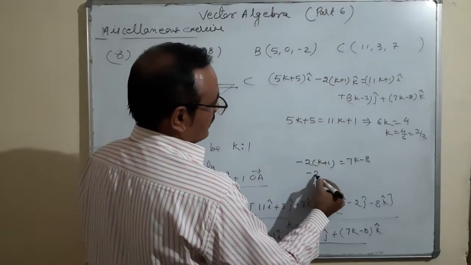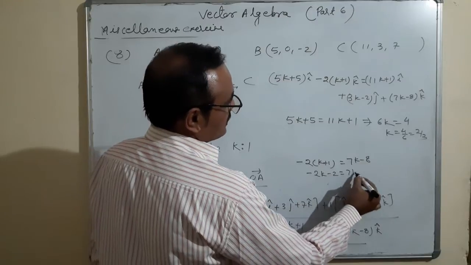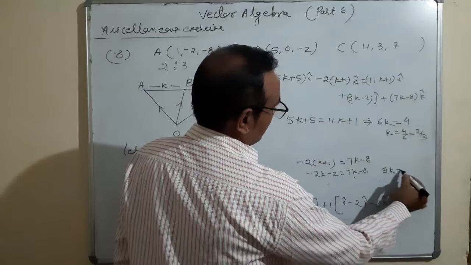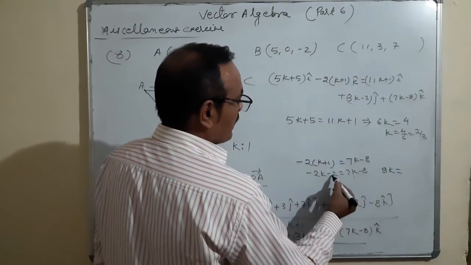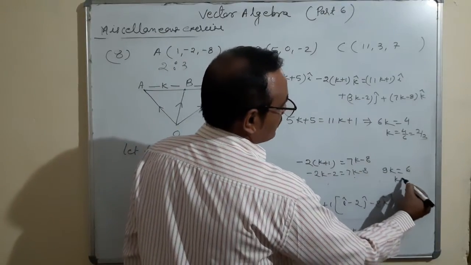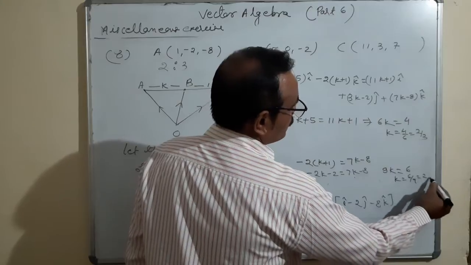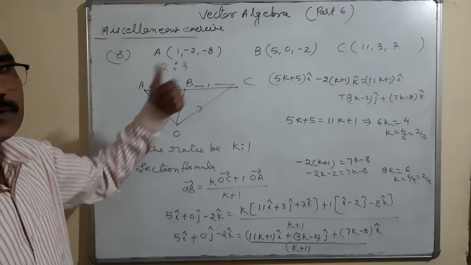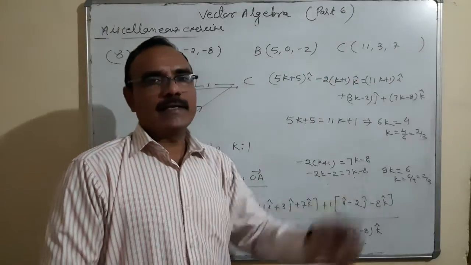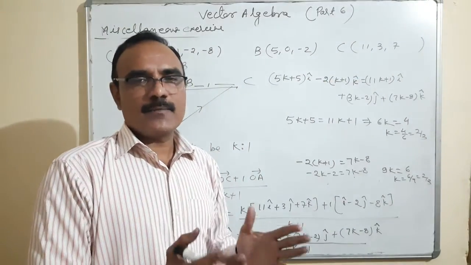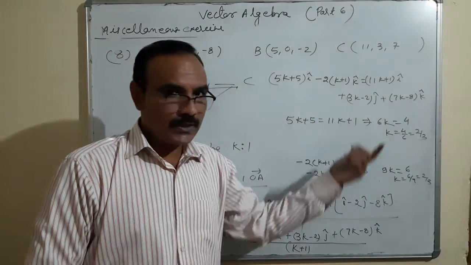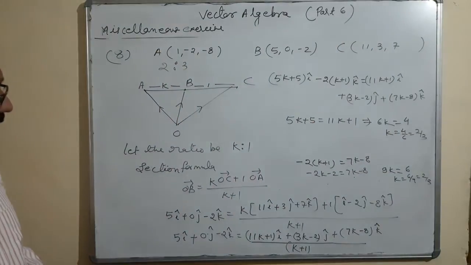The result says minus 2k minus 2 is equal to 7k minus 8. 7k plus 2k is 9k, equal to 8 minus 2, which is 6. So this is also 6 upon 9, meaning 2 upon 3. So in both cases you can see that the ratio is 2:3. You can compare by any term, the scalar components with i or with k. Because j is not there, we can't compare the j term.